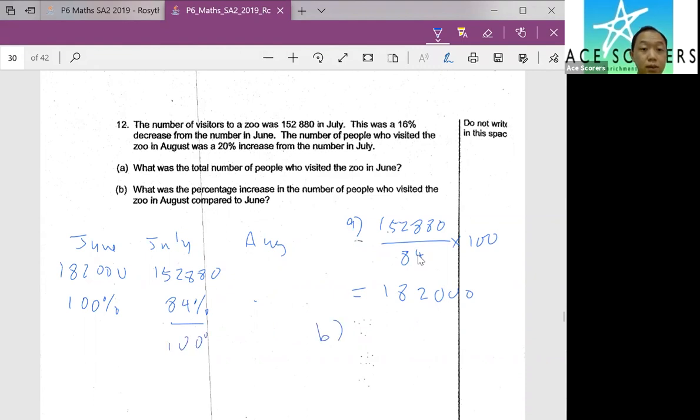This 100%, and this is 20%. So we take 120 over 100 times 152,880. We get 183,456.